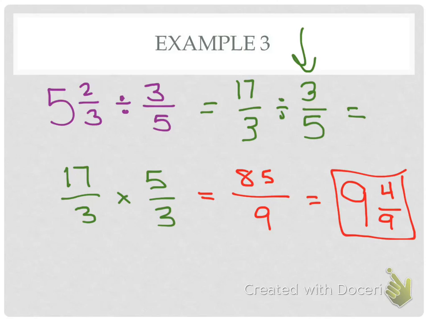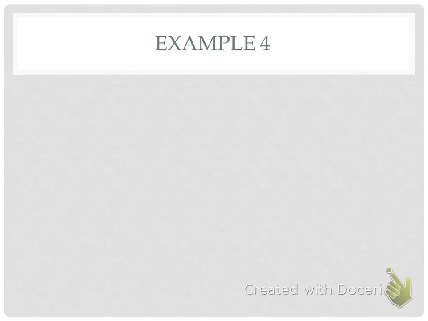All right, last example. In example 4, now we're dividing two mixed numbers. So we have 8 3/4 divided by 2 5/8.